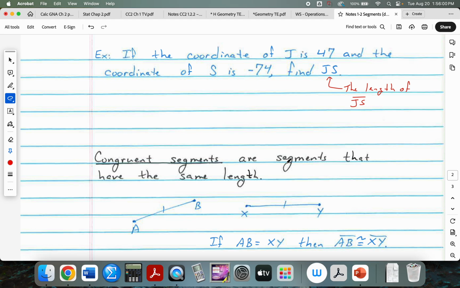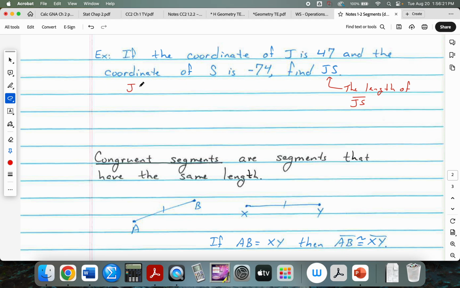Which one is going to be further to the right on a number line, J or S? I've heard both of them so far. Which way is right? Yeah, J is going to be further to the right.